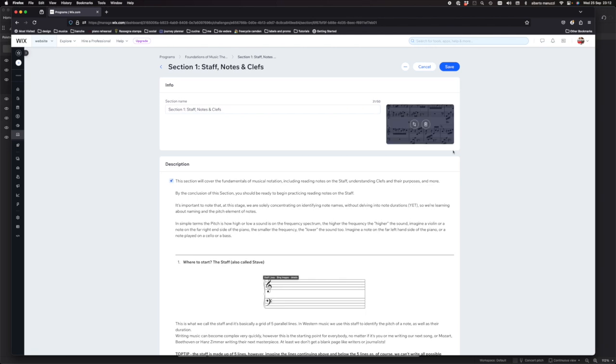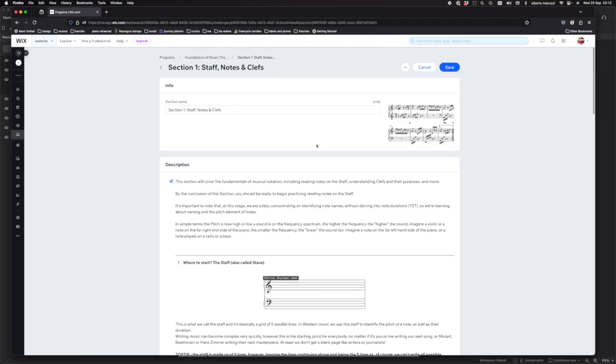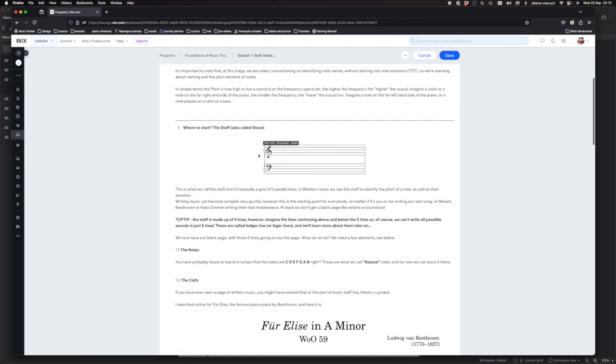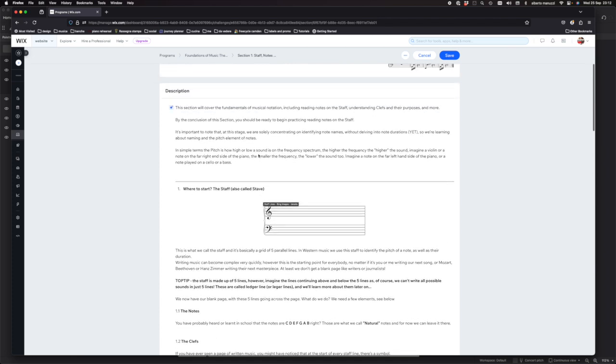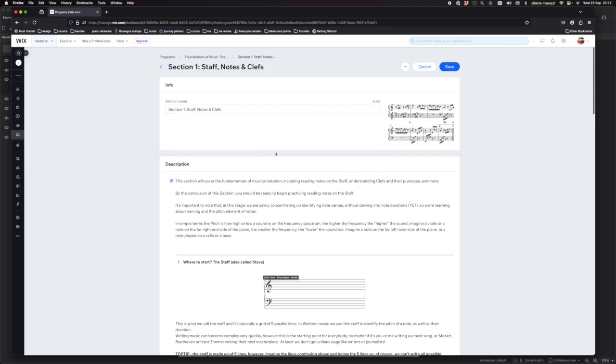So, right, well, section 1 is all about the staff, stave, notes, and the clefs. In this section, you learn how we write music. We talk about pitch and the names of the notes, not as much about the duration of notes yet.